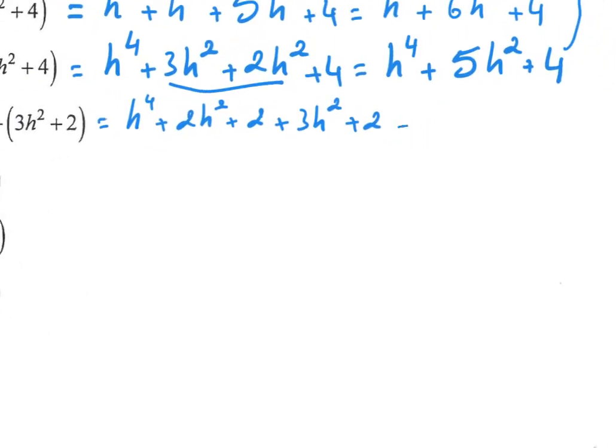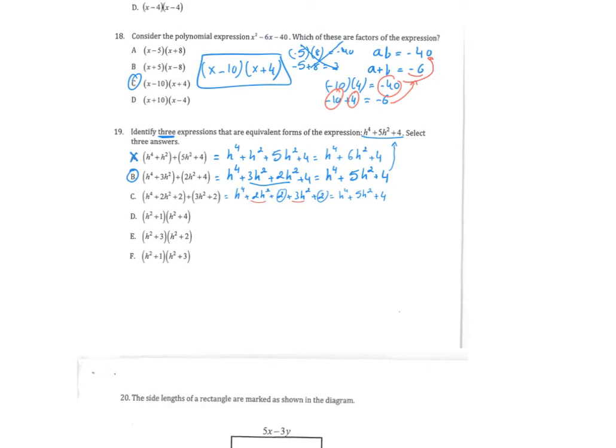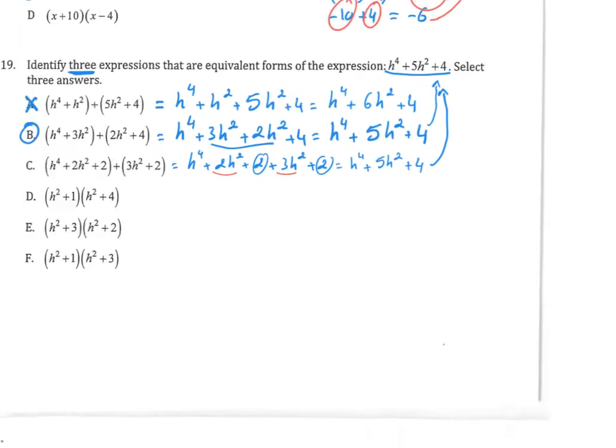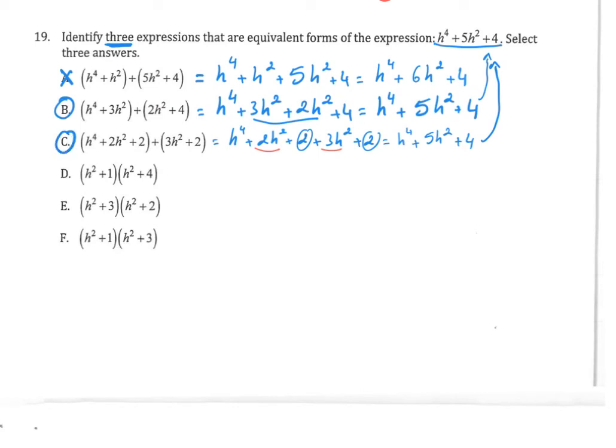And we can continue here. We're going to have h to the fourth power. We're going to combine 2h squared with 3h squared, right? So it's going to be 5h squared. And we're going to combine 2 with 2. And that would be 4. And that's exactly the same answer. That's exactly what we need here, right? It's the same one. So C will be one of the answers.